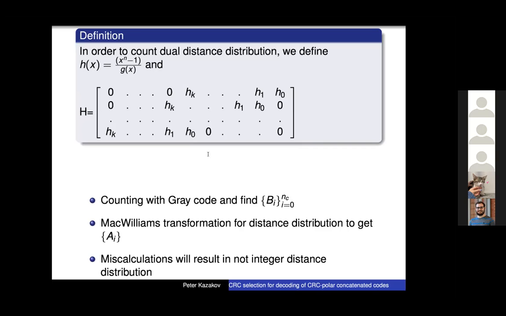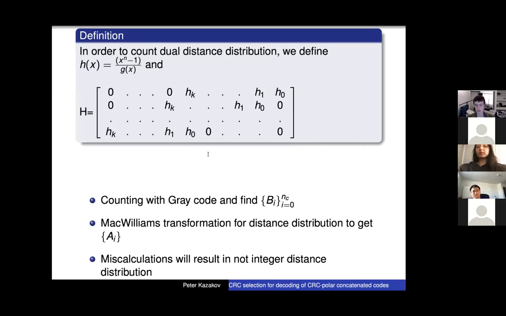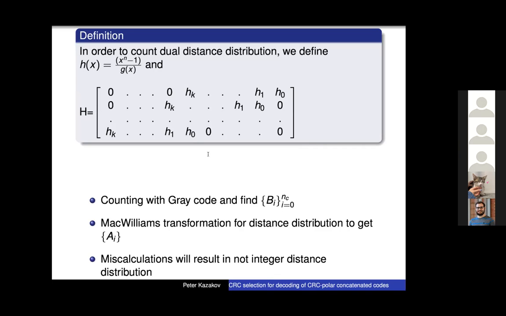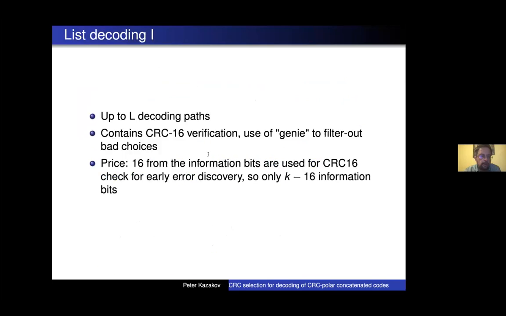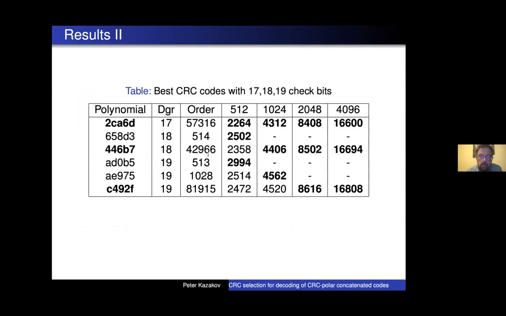So this was done in one step. Of course, we didn't calculate all possible combinations. We did this later on in a refinement, but with one step, we were able to calculate a large number of dual distance distributions. So this was the major improvement.